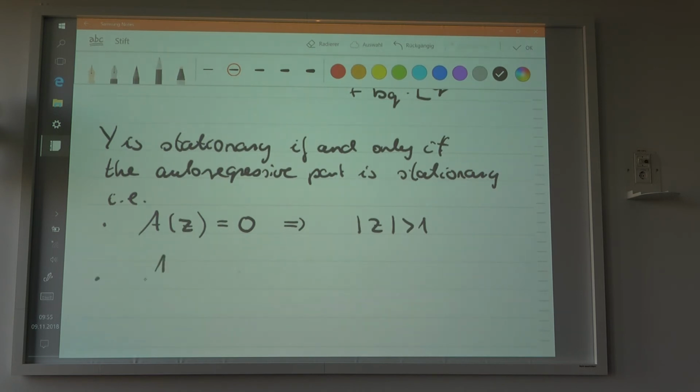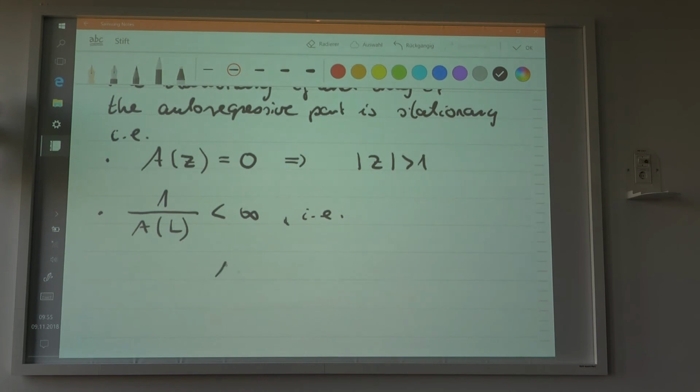Basically, we have that 1 over the lag polynomial of the autoregressive part is finite if and only if it can be expressed as follows, by using the Taylor expansion.